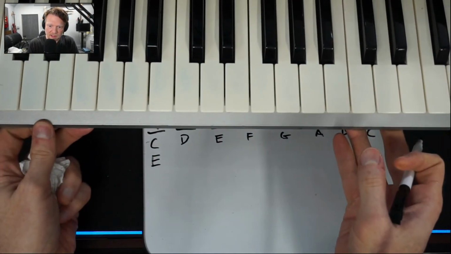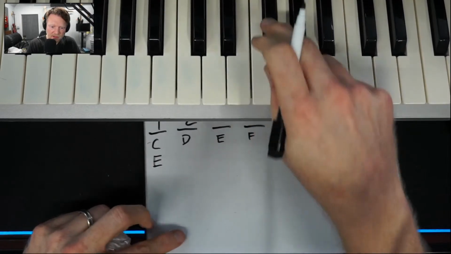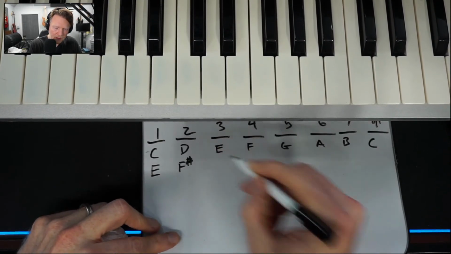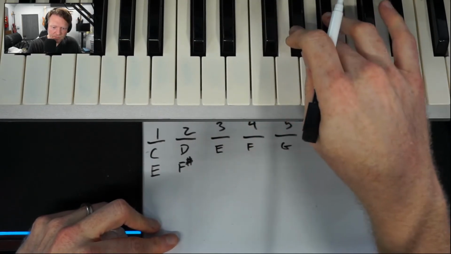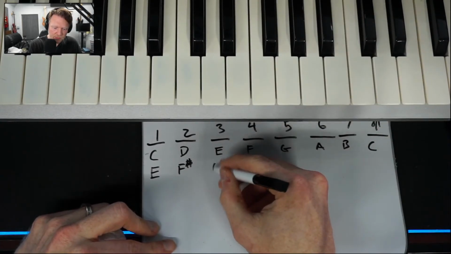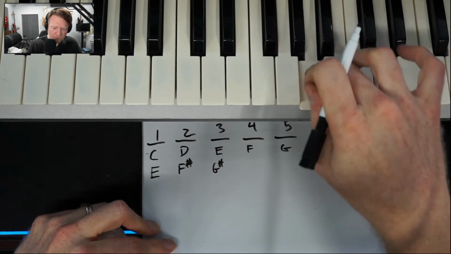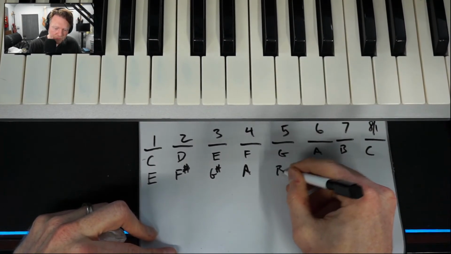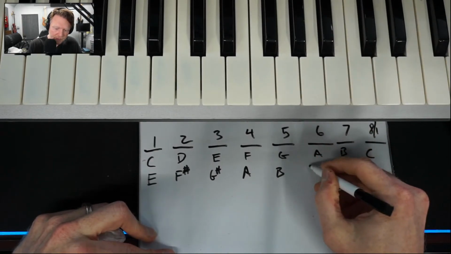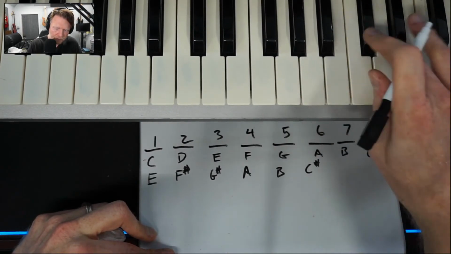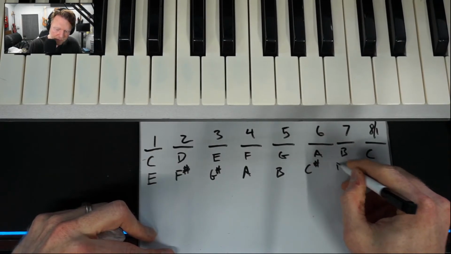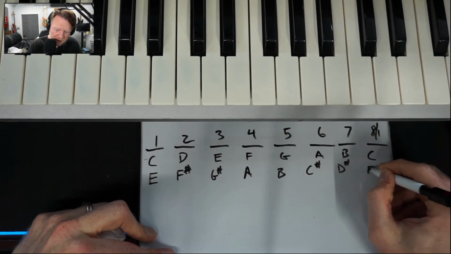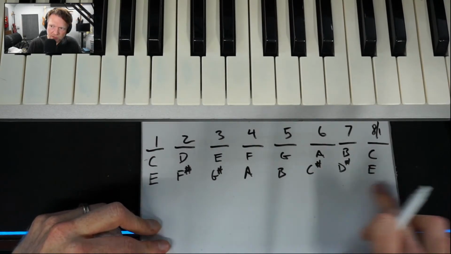Again, the major scale formula: whole step, whole step, whole step, whole step, just like that. So those are our numbers there.